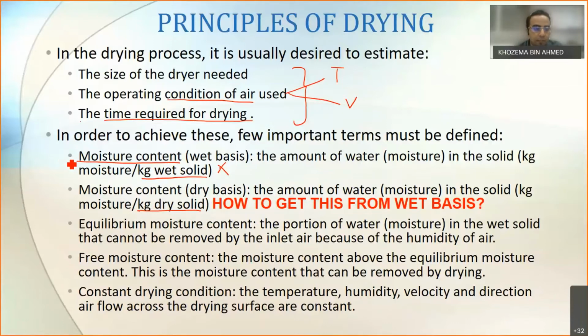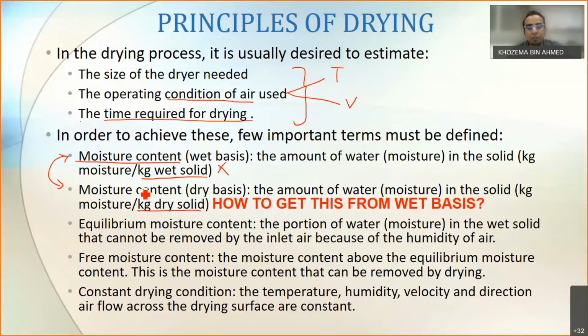So there is actually a relationship between your wet basis moisture content and dry basis moisture content. So you have to figure out how to actually get dry basis moisture content from the wet basis moisture content. Because if you are given the moisture content in wet basis, you must be able to convert it into the dry basis.